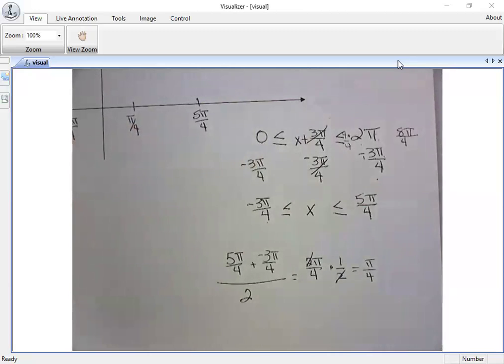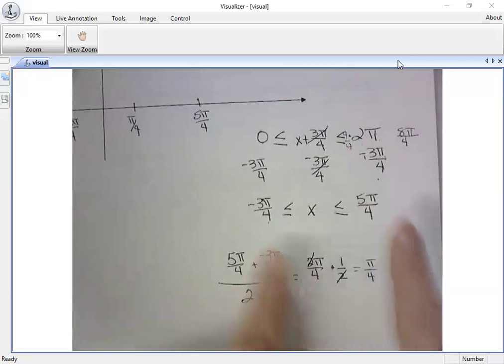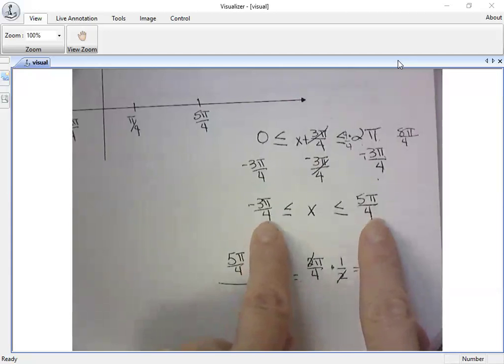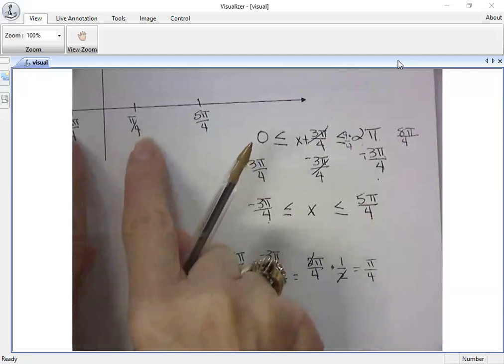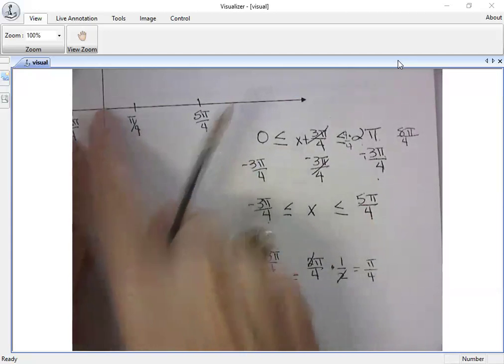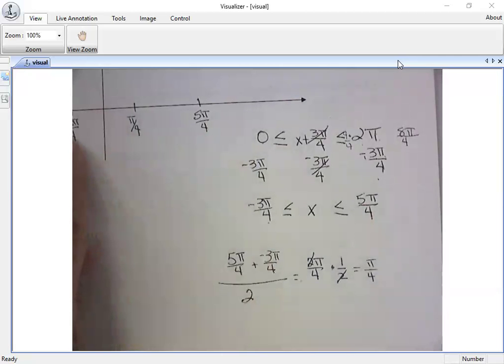Did I hear a yes? Can somebody tell me how? What did we just do to find this midpoint? We added these together and divided by 2. Can you add these two together and divide by 2? That'll tell us where we need to have another crossing point.